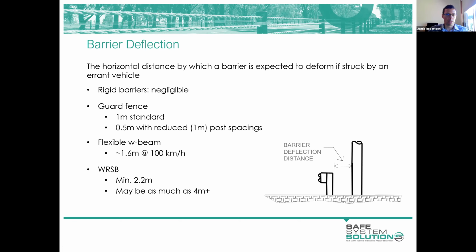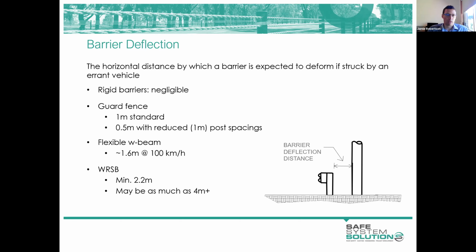That deflection can further increase where we've got long lengths of barrier. So the longer a length of wire rope is, the more it will deflect by. And also if the barrier is located on the inside of a curve, on the convex side of a curve, it will deflect by more again. And that's because of that effect where we have a curved barrier in tension, sort of pulling each way, wanting to pull in nearer to the anchor points.